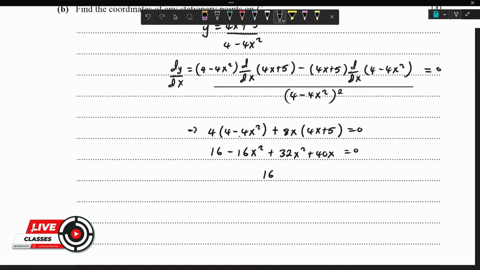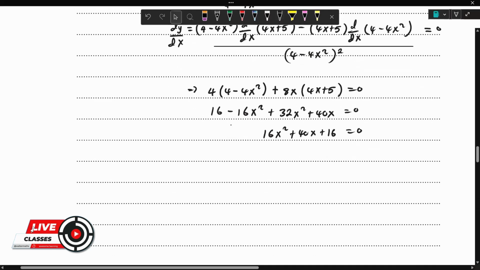So that's 16x² + 40x + 16 equal to 0. Then we can divide everything by 8, right? Yeah, 2x² + 5x + 2 equal to 0.